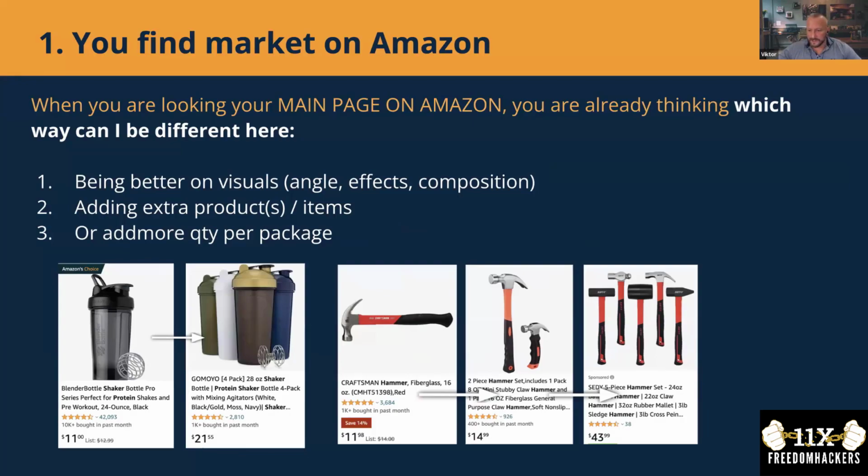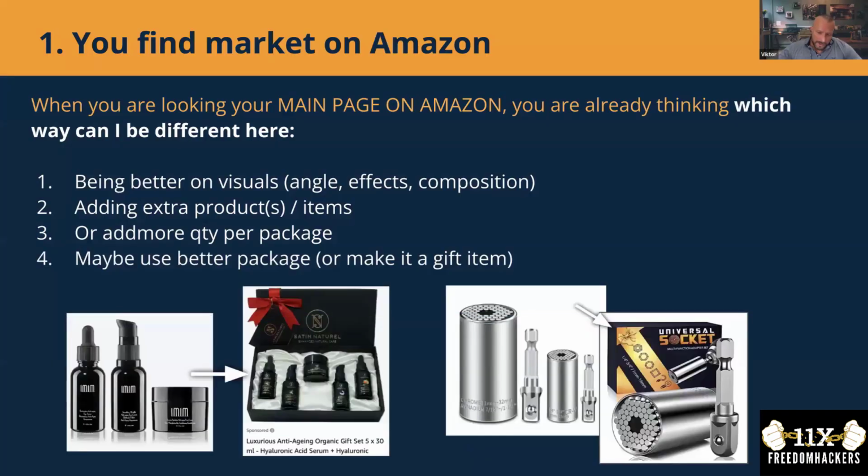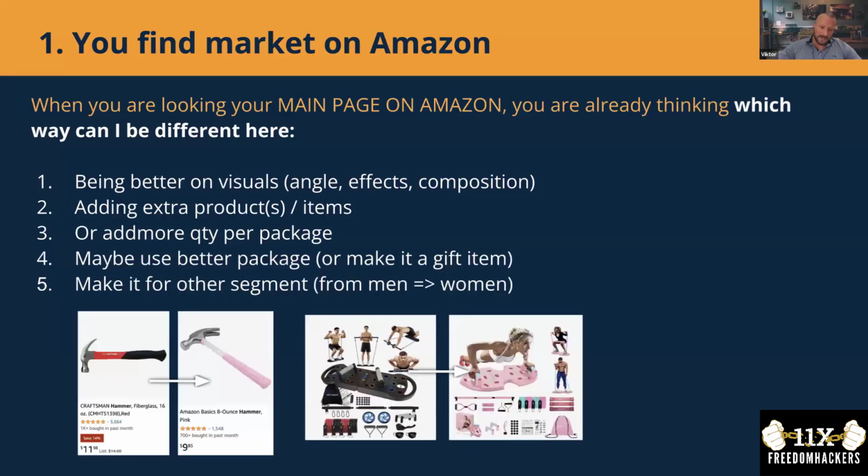This is another strategy you can deploy, not for every product, but for some products. Then maybe you can use better packaging, make the product a gift. A lot of people are not doing that, but this can be done for many products, and it is a really underutilized tactic to enter the market. Really powerful and really underutilized.